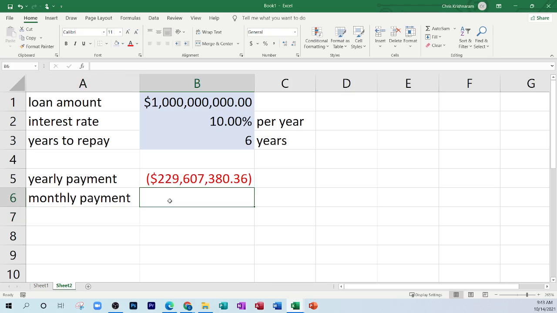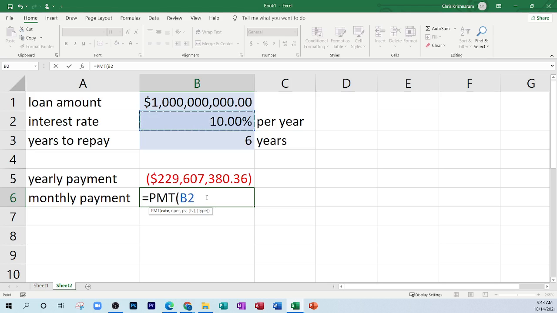So to add that into our function now, it's going to be equal PMT, the interest rate, which is going to be that 10%. But the next step, anybody want to help me out? What do you think the next step is going to be? Sir, divided by 12. Good, very good.